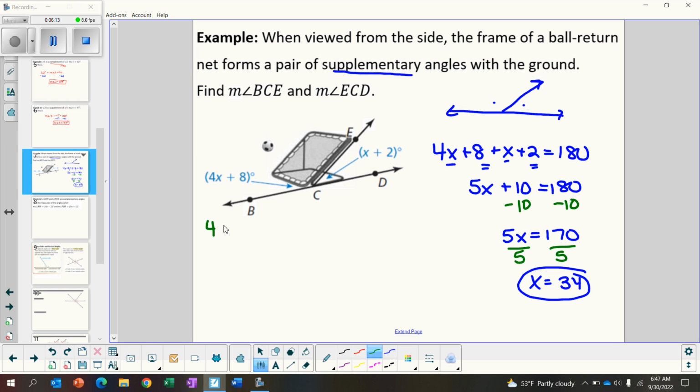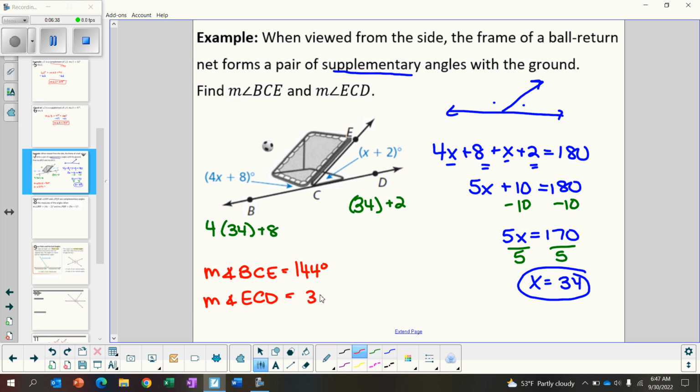So that's going to be 4 times 34 plus 8, and that's going to be 34 plus 2. So the measure of angle BCE is 144 degrees, and the measure of angle ECD is 36 degrees.